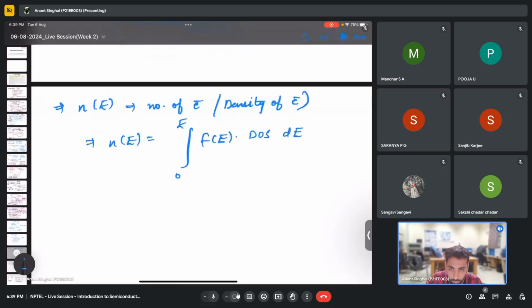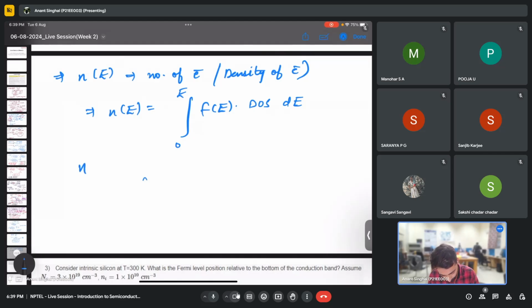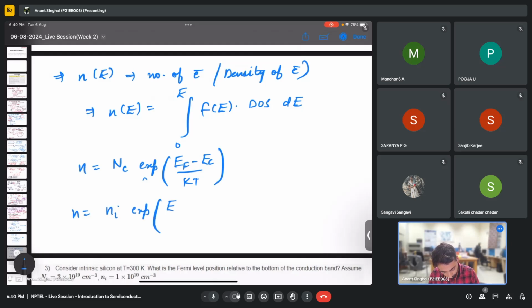And you already know about all of these formulas, so I'll not go deep and just write the formulas directly. We have n equals Nc exponential of (EF minus EC) over kT, or n equals ni exponential of (EF minus Ei) over kT.